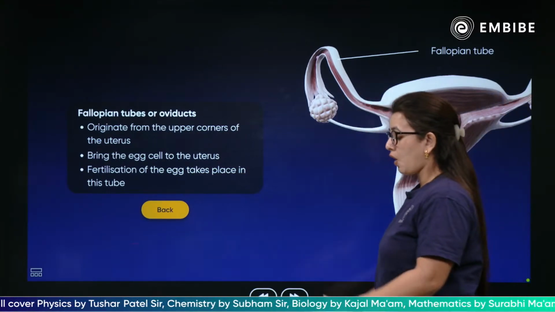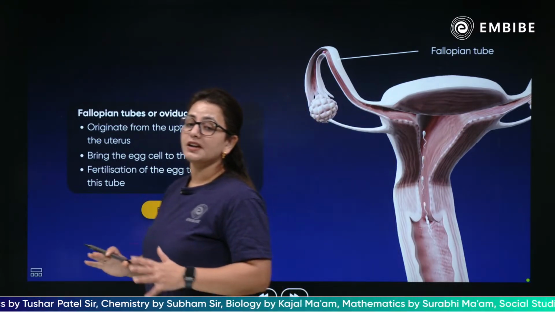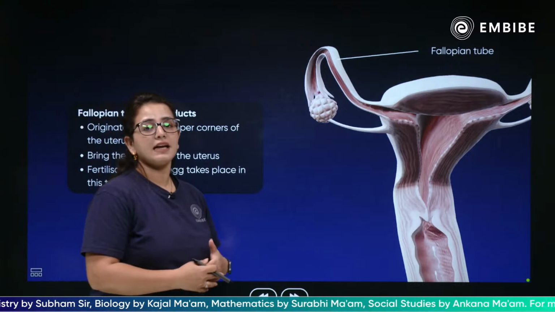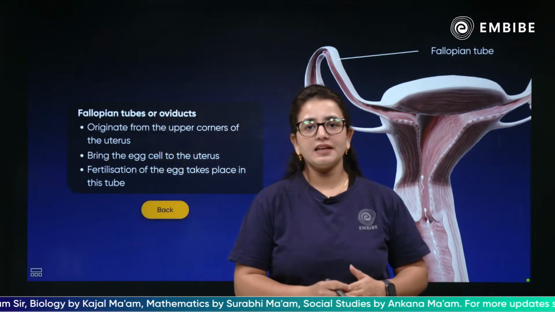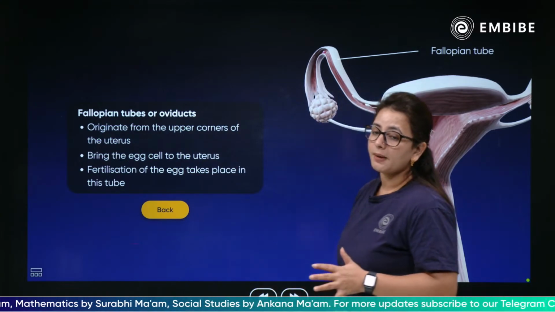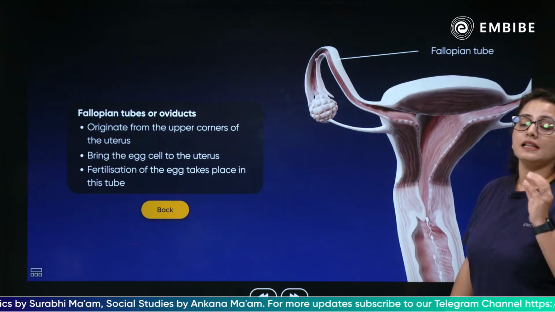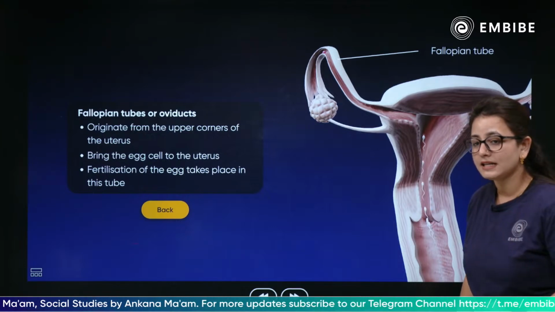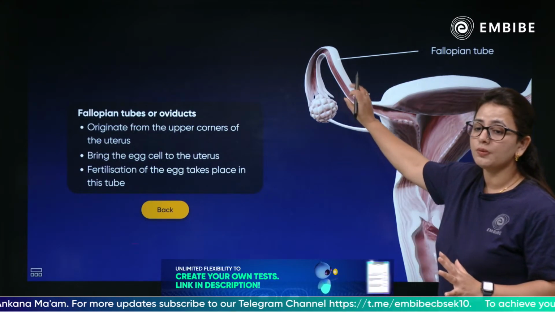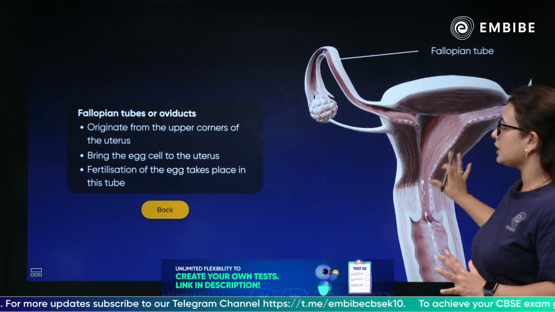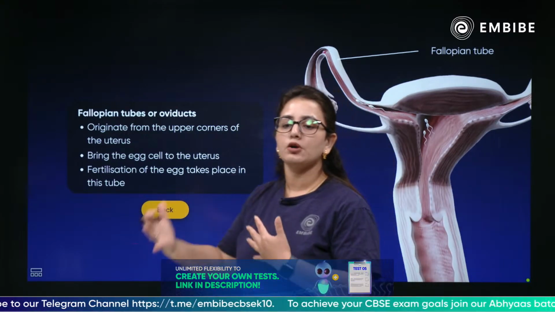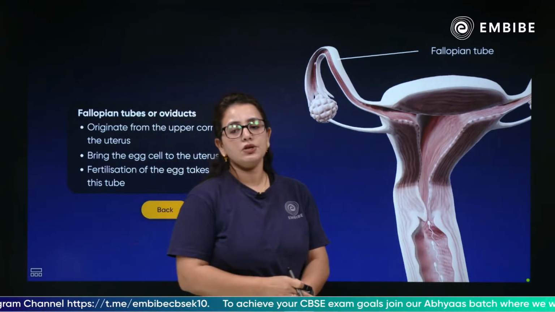So the function of the fallopian tube is very clear: the fusion of the male and female gametes takes place inside it. After fertilization has taken place in the fallopian tube, it will finally land on the uterine wall in the uterus and give rise to the further development of the embryo, which will be done by the uterus.